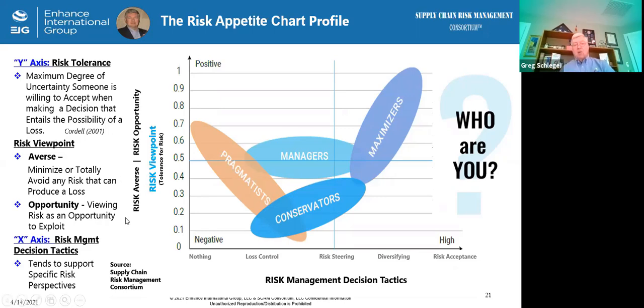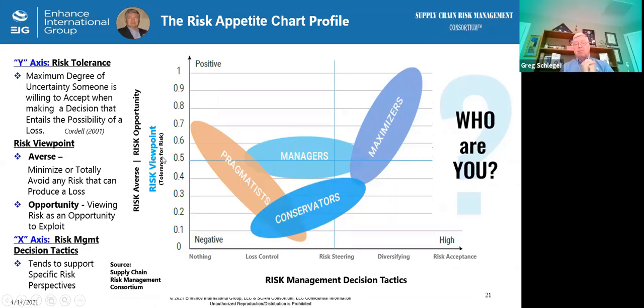On the bottom of the Y-axis is risk averse. That means minimizing or totally avoiding any risk that can produce a loss. Everyone in that category tends to look at risk as a negative. You want to avoid it.